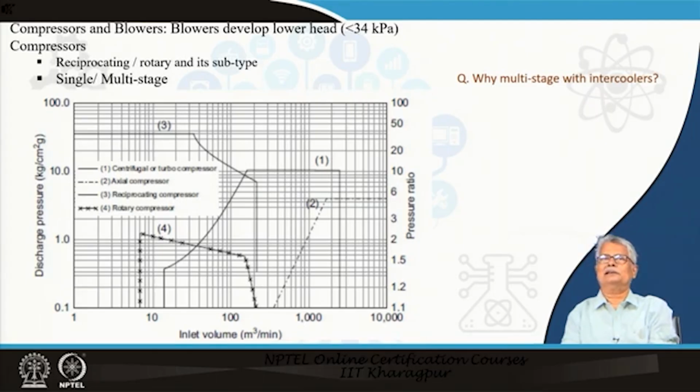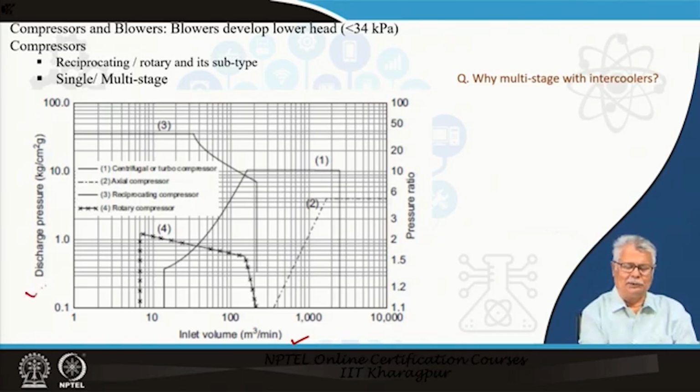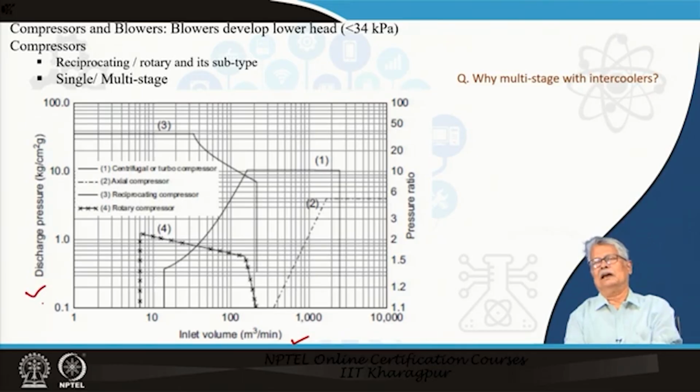In your process application, the inlet volume flow rate, which basically is the capacity of a compressor or a blower, is one of the major parameters, and you have a discharge capacity limit on the y axis on the left side, and you also have a pressure ratio limit on the right side. You will notice that this is a log graph.